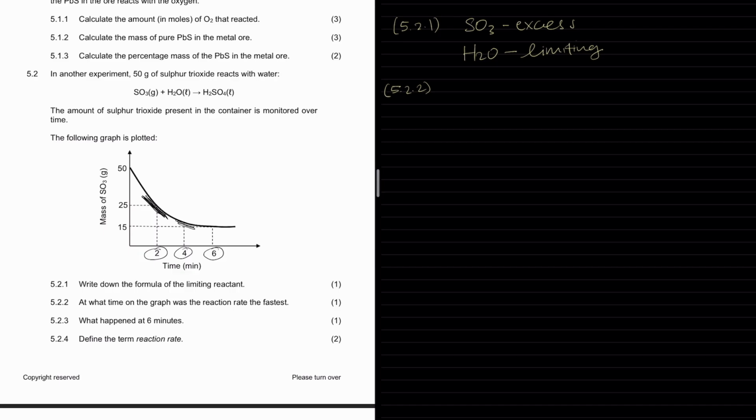Then it tapers off at 4, and then at 6. So you can see that the gradient is the highest here, and it is the lowest here. So the highest gradient will indicate the fastest rate, and the lowest will indicate the lowest rate.